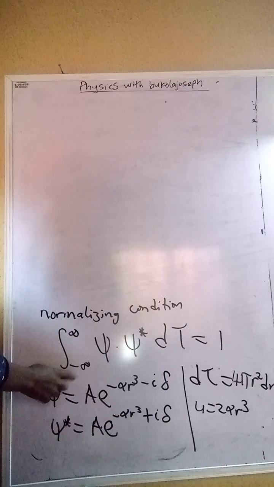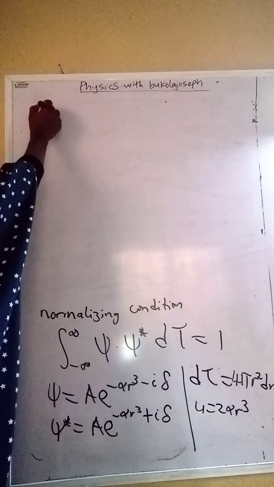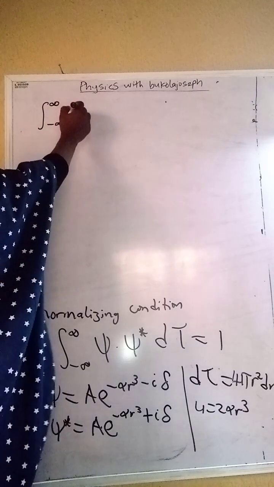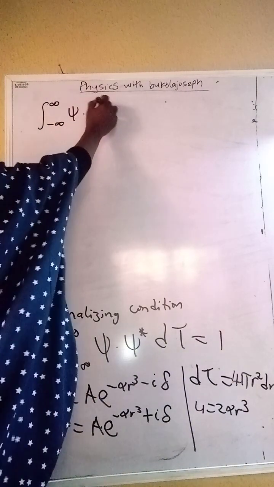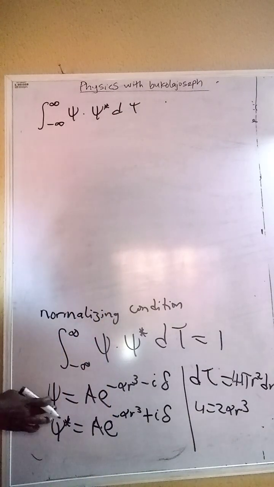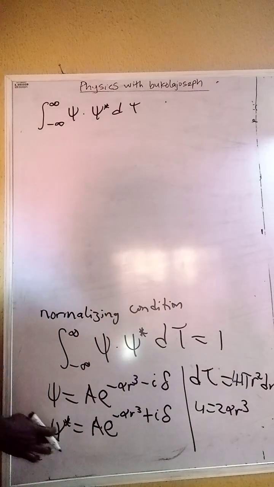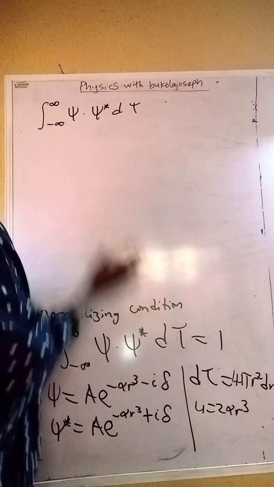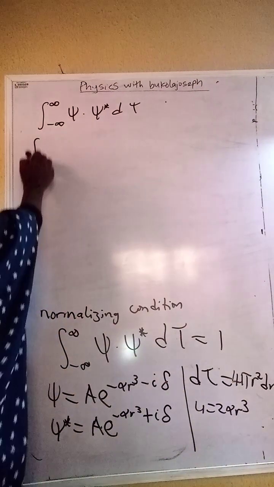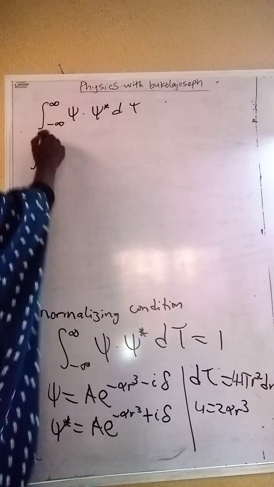So this is what we are going to be using, the normalization condition, from minus infinity to infinity of psi times psi conjugate dτ. So we substitute everything. We have found our psi, we have found the conjugate of psi, and then here is dτ. We substitute it into this equation. What is psi?